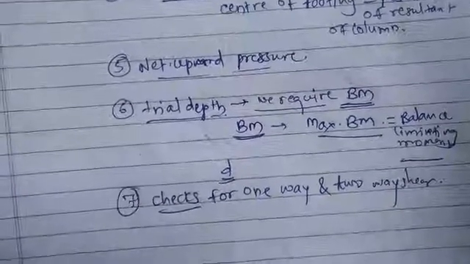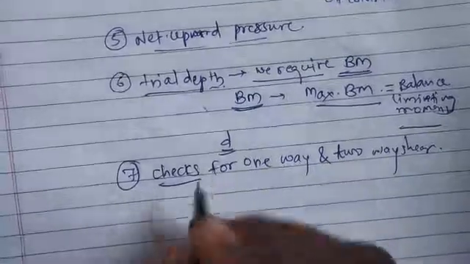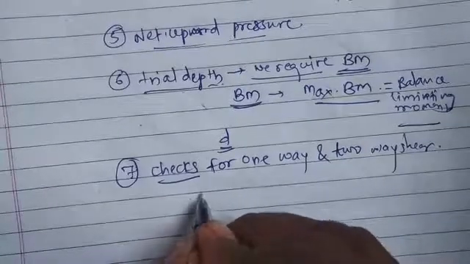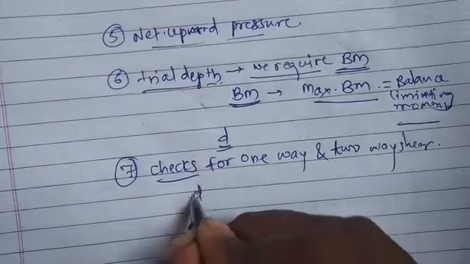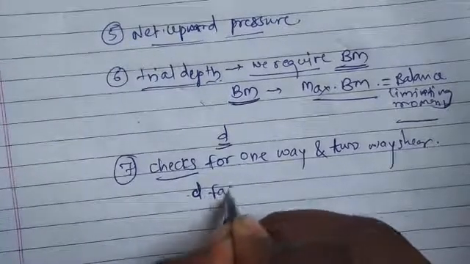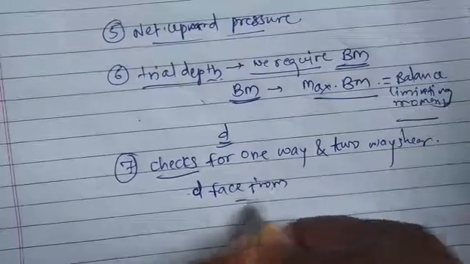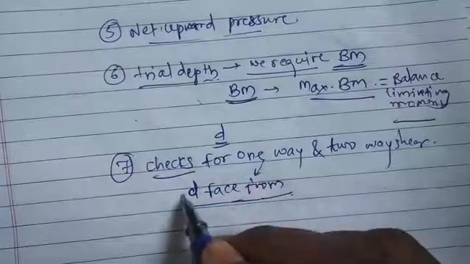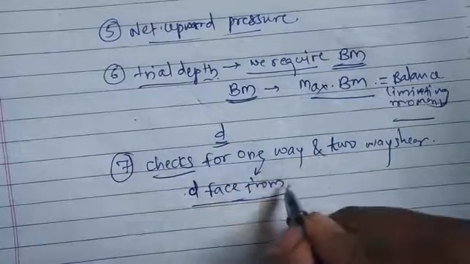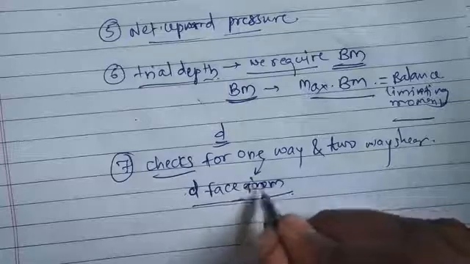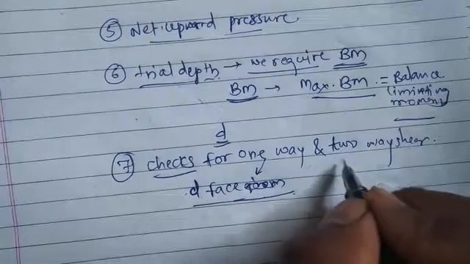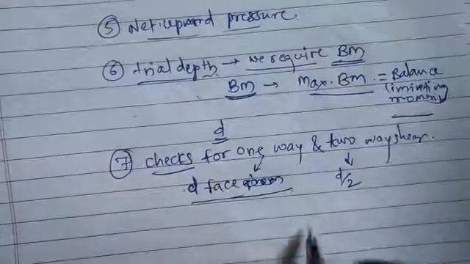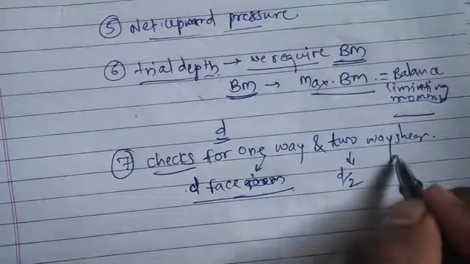We know that the check for one way shear is taken at a distance of d from face of column. So for one way shear, the critical section is at a distance of d from face of column, whereas for two way shear, the critical section is at d by 2 from face of column. This two way shear is also called punching shear.